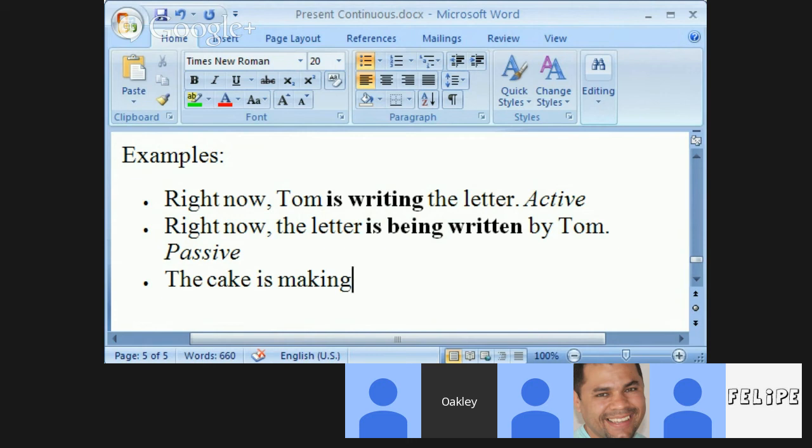Okay, wait a minute. The cake is not making something. I don't think a cake can make something. How about this, Felipe? The cake is being made. The past participle of make is made. The cake is being made.